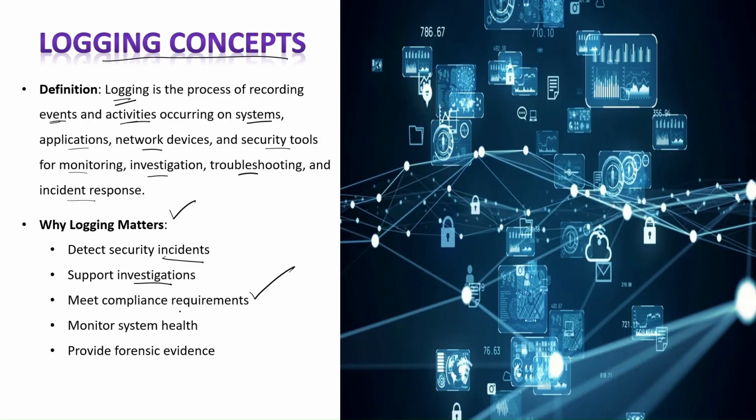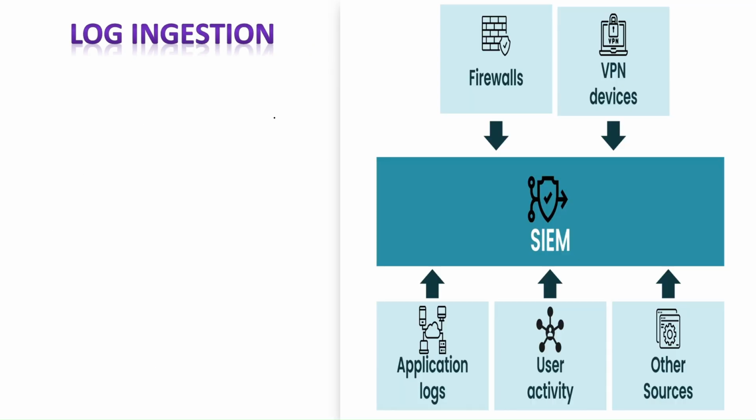There are also security or regulatory compliance requirements that say these logs should be kept and stored for a specific duration, so we need these logs for compliance. We also need these logs to monitor the health of all these devices, the network devices, servers, applications, etc. And again, in criminal investigations, they also provide forensic evidence.